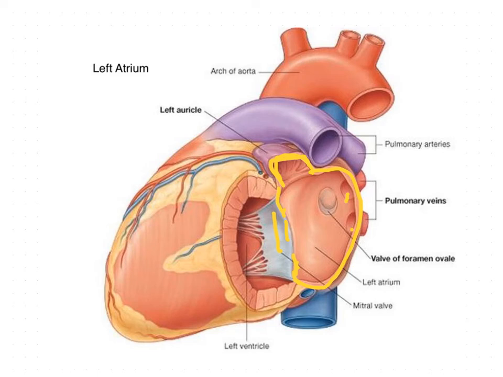The left atrium is a quadrangular chamber, as we have seen previously. It is situated posteriorly, and its appendage, the left auricle, projects anteriorly to overlap the infundibulum of the right ventricle.